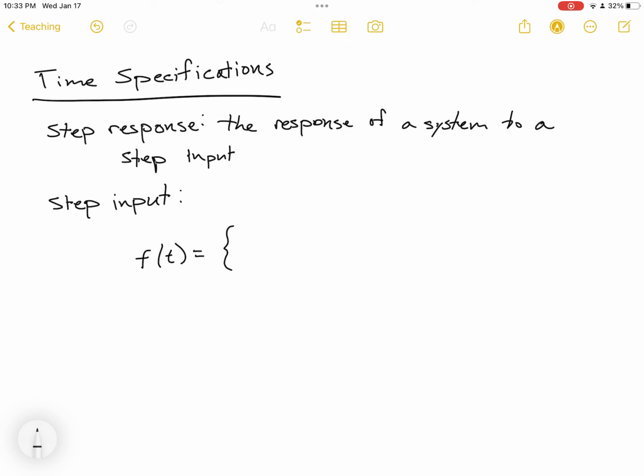So f of t equals 0 for t less than 0, and it equals some constant c for t greater than or equal to 0. For a specific case called a unit step input, which we call u of t, that constant equals 1.